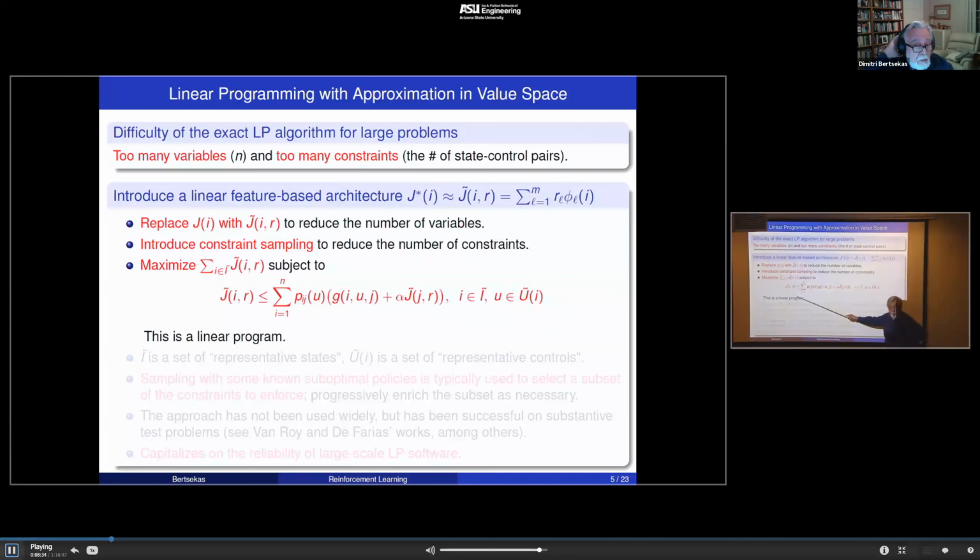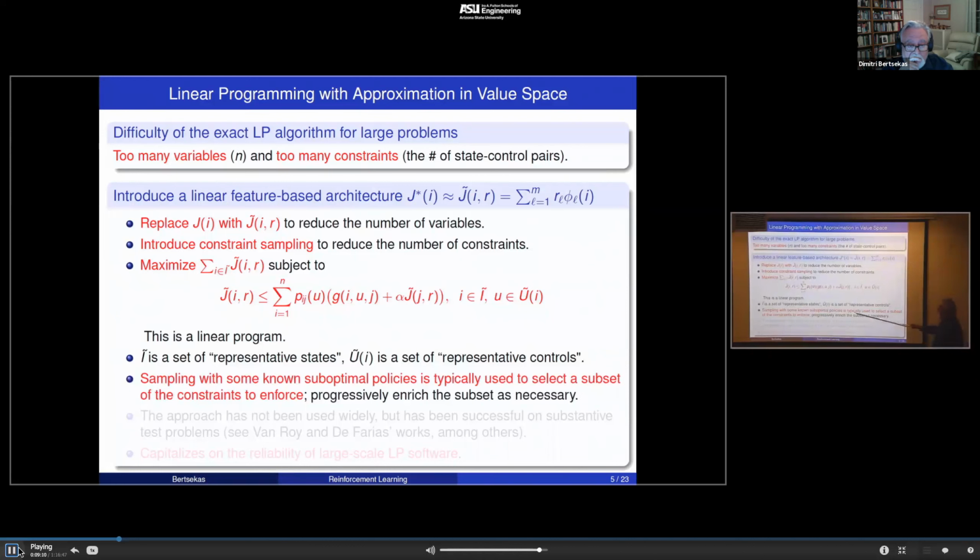They are still linear because this is linear in R, this is linear in R. However, we reduce the number of variables and constraints by selecting a set of representative states and a set of representative controls. So the true number of states and controls might be huge, but somehow we reduce this number, which means that we're considering a polyhedron that's bigger, okay? Fewer constraints, bigger polyhedron for approximation.